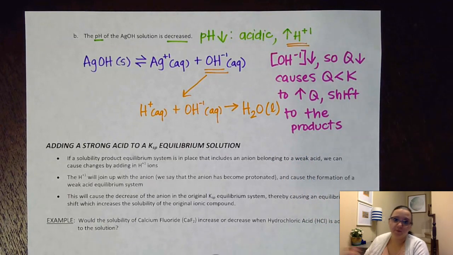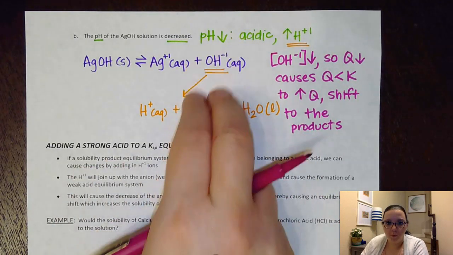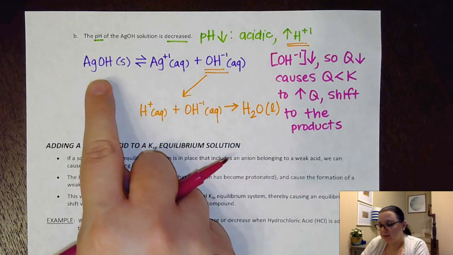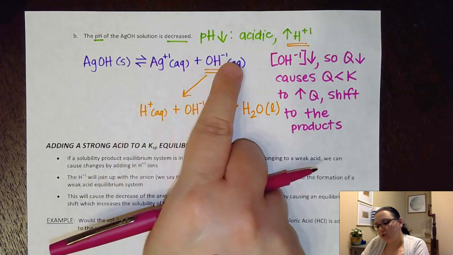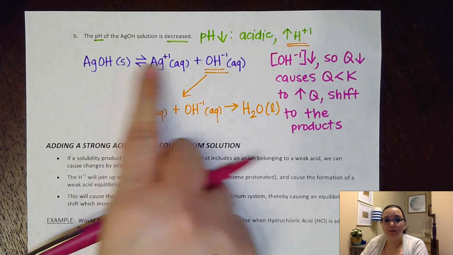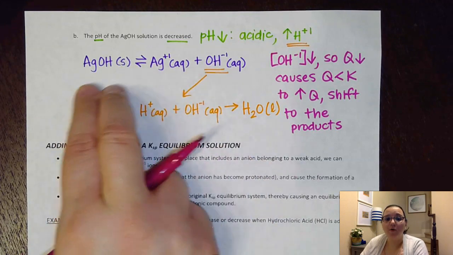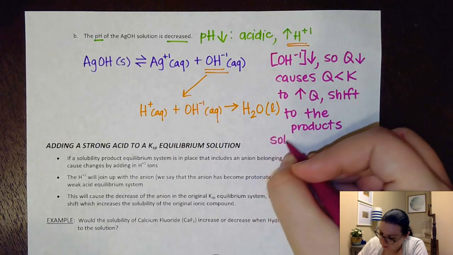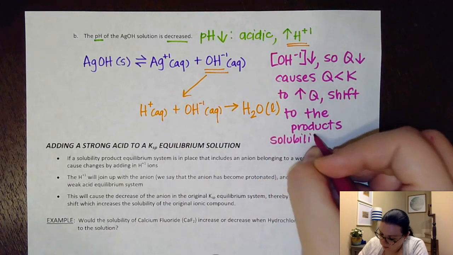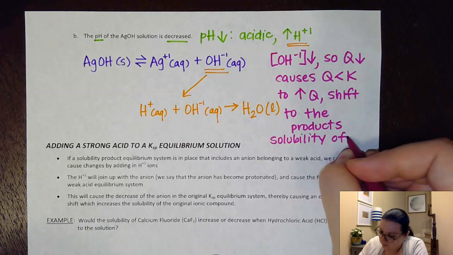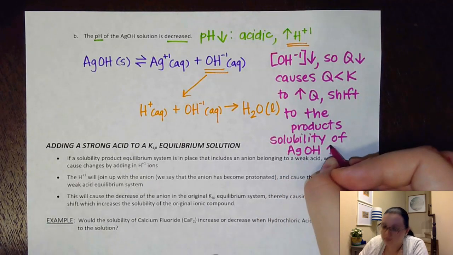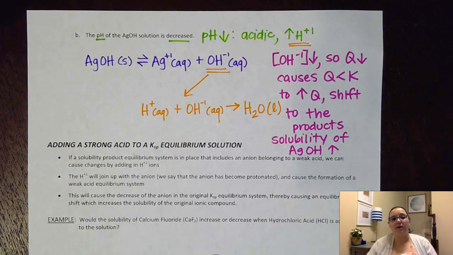Which makes sense, because if I'm removing something, I shift towards what I removed to replace it. But that means that more and more of this AgOH is becoming ions. More and more of it is dissolving, so the solubility of the AgOH is increasing. More and more of it is dissolving to become ions.